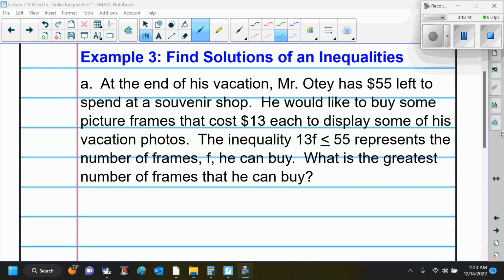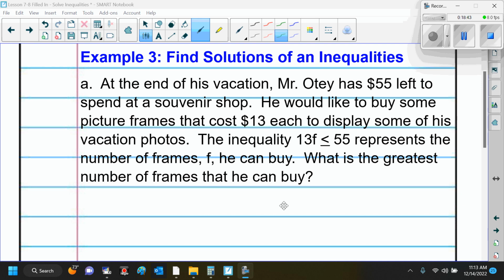All right, so now we want to find the solutions of inequalities in the word problem, okay? It says, at the end of his vacation, Mr. Ote has $55 left to spend at a souvenir shop. He would like to buy some picture frames that cost $13 each to display some of his vacation photos. The inequality 13f is less than or equal to 55 represents the number of frames f he can buy.